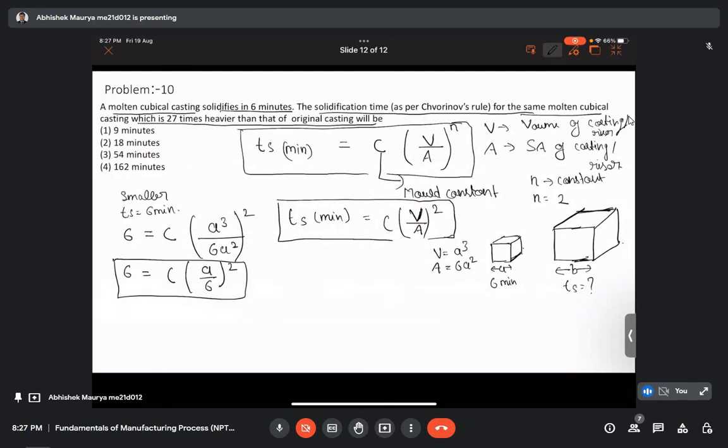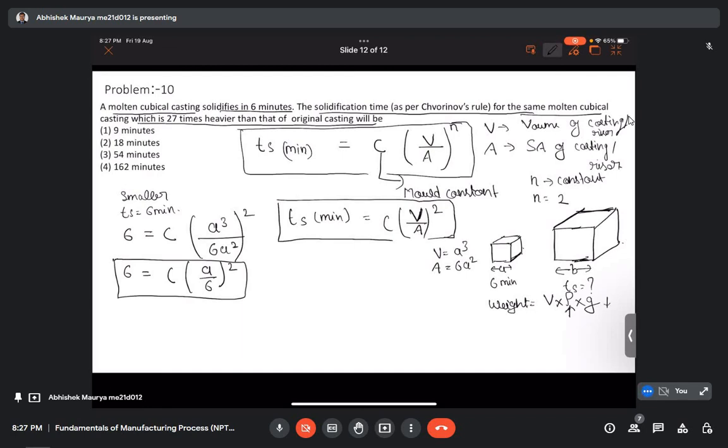weight of the bigger one is 27 times that of the smaller one. So what is the weight? Weight is equal to volume times density times gravity. Here the material is the same, so the density of the material of the smaller as well as the larger casting will be the same, and gravity is constant.